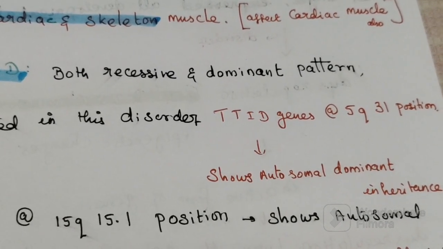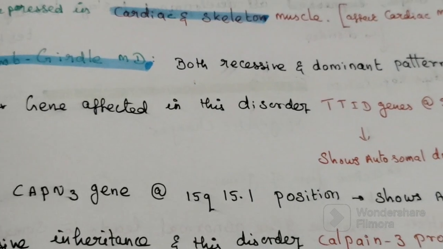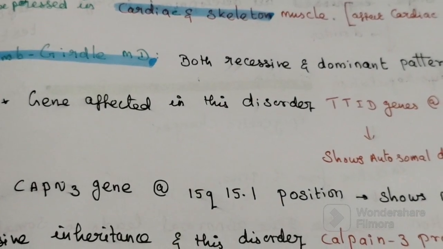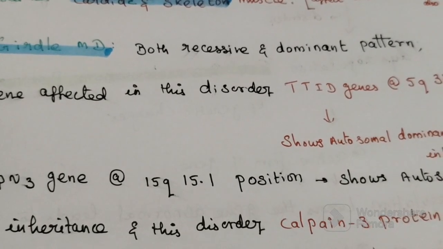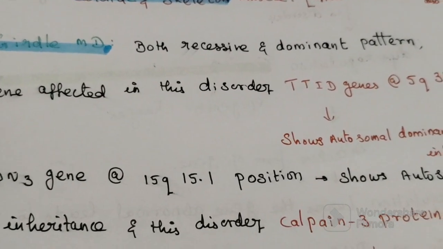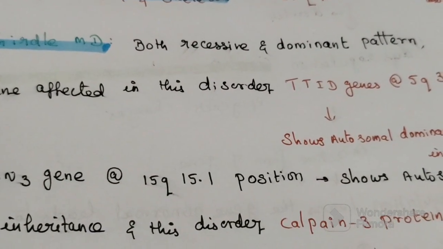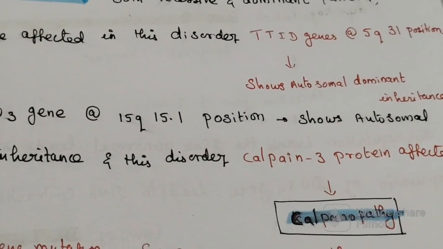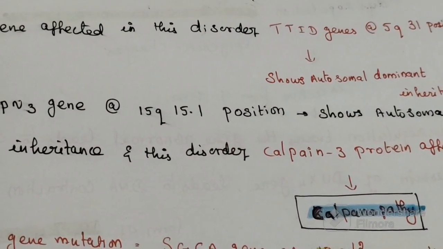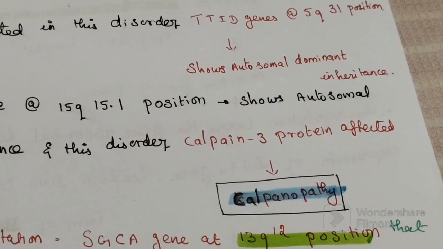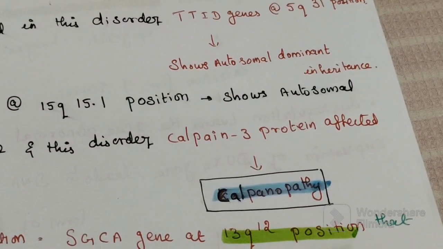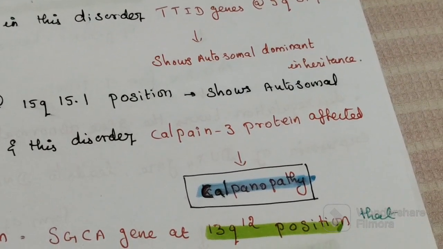Then there is the CAPN3 gene at 15q15.1 position, which shows autosomal recessive inheritance. In this disorder, the calpain 3 protein is affected.